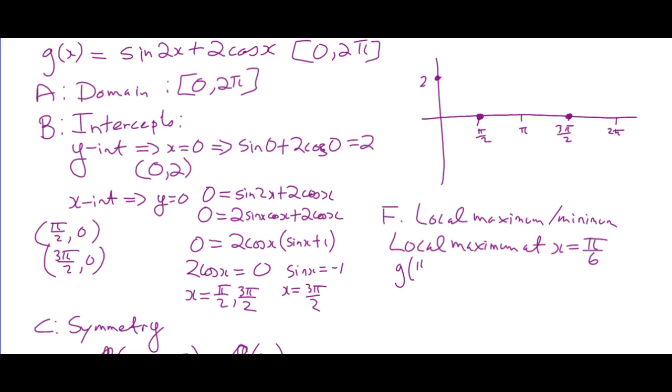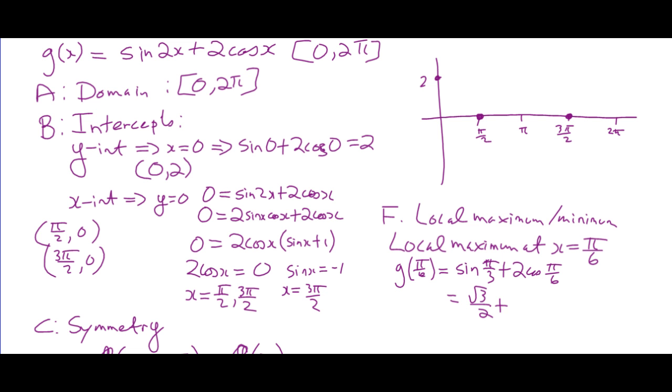So g of pi over 6 is equal to the sine of, okay if I just write pi over 3 in here? Yeah. Okay. Pi over 3 plus 2 cos pi over 6. So, okay, pi over 3 is what? That's root 3 over 2? Yeah.